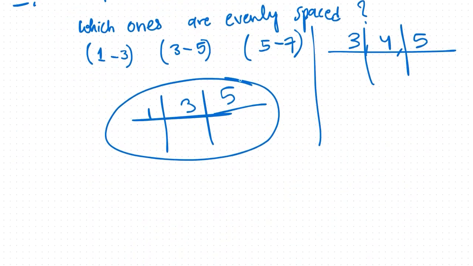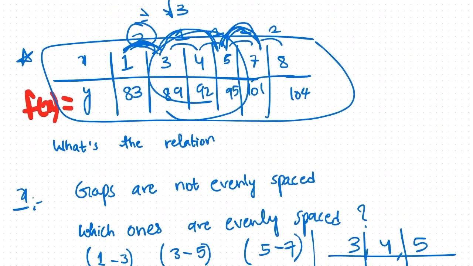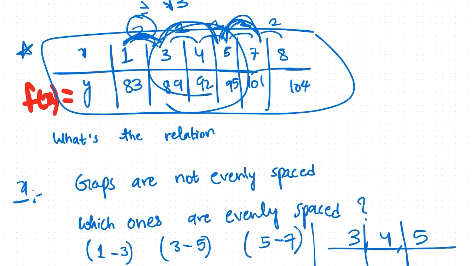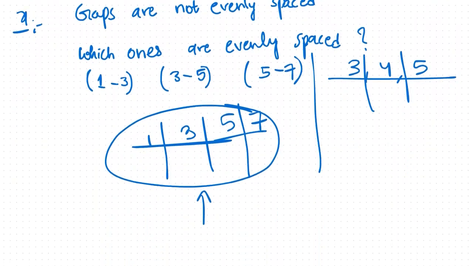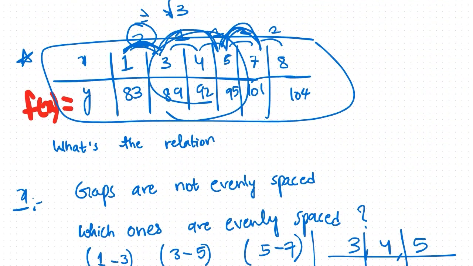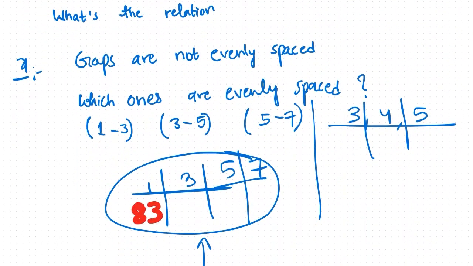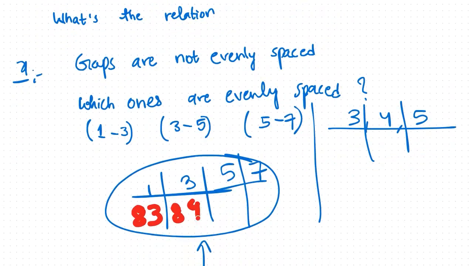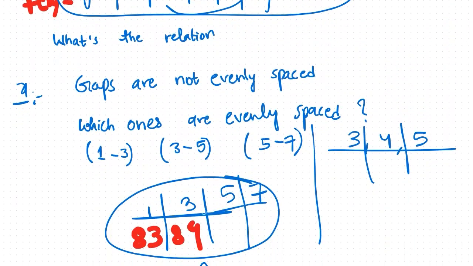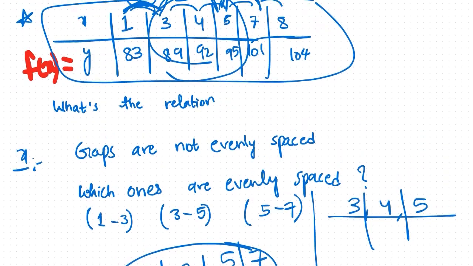This has more values of x: 1, 3, 5, 7. So we consider the corresponding outputs, the y values. For 1 it is 83, for 3 it is 89, 5 is 95, and then 101.